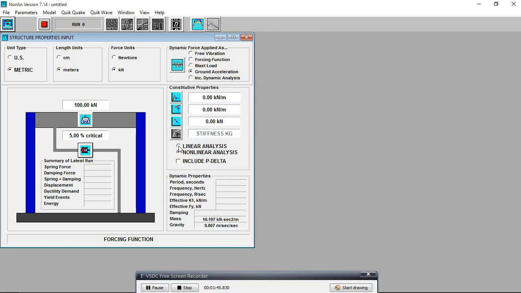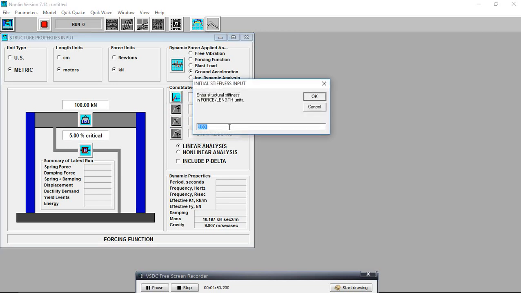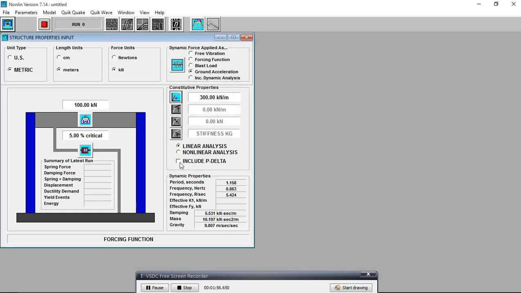Then you select this as linear. Then you have to give the stiffness, let us say some 300.